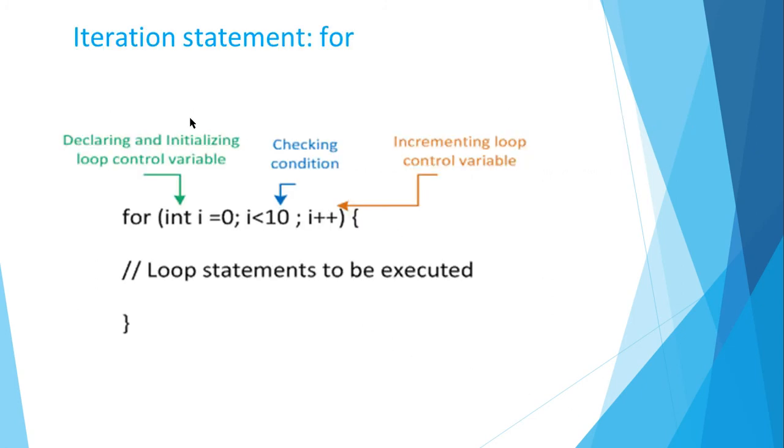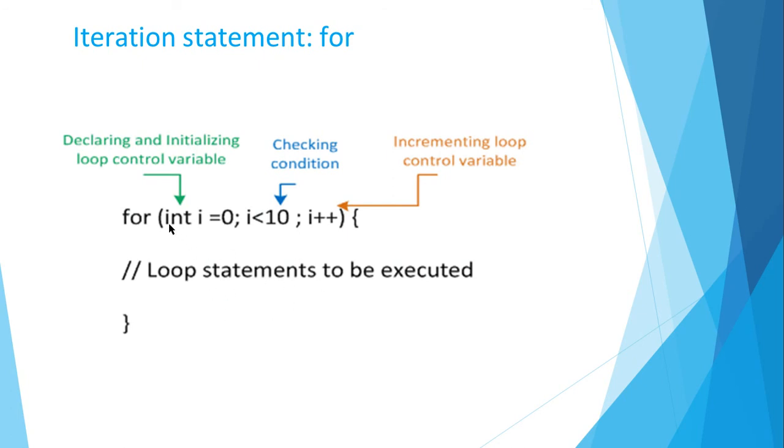This is the iteration statement, that is the for statement. We have used it to print many numbers. Here for has 3 parts. For is having an initialization which is executed only once, a checking condition executed every time before executing the statements inside the loop, and increment which is executed at the end of all the statements which are present in the block.